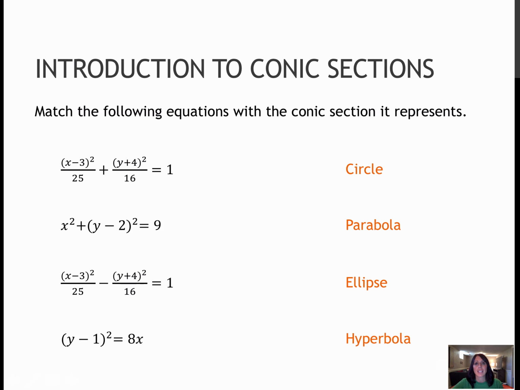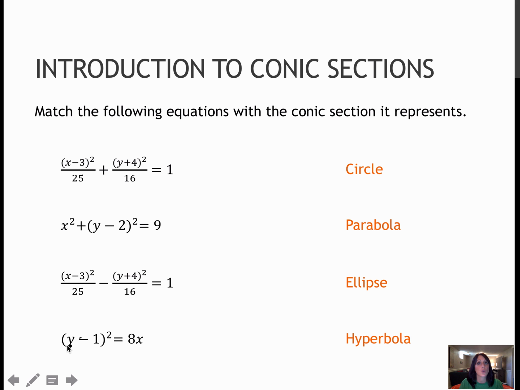One thing I would like us to get out of this intro lesson is to be able to look at a conic section function and determine which conic section it belongs to. So things that I'm looking for, the one that's easiest in general is the parabola. So if you'll notice, this has an x squared and a y squared, this has an x squared and a y squared, x squared and a y squared.